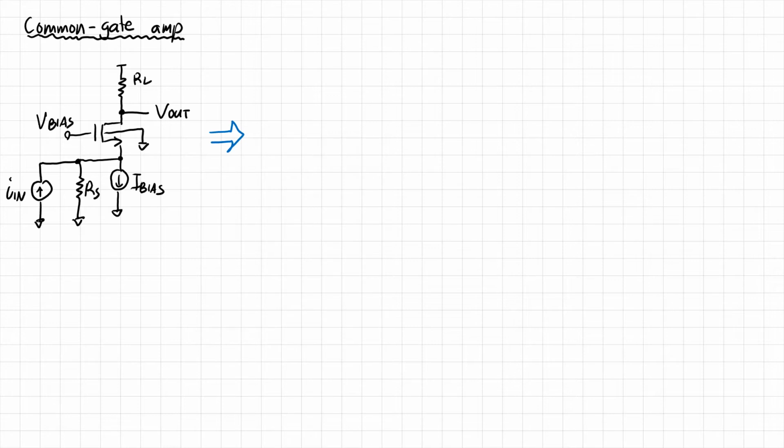Again, the best way to get started is to draw the small signal model. I'll start at the top. I have CGD plus CDB, and that is in parallel with the load resistance, RL. I'm drawing the other terminal of CGD and CDB as VDD, although we recognize that this is just a small signal ground, so I could just make these ground symbols.